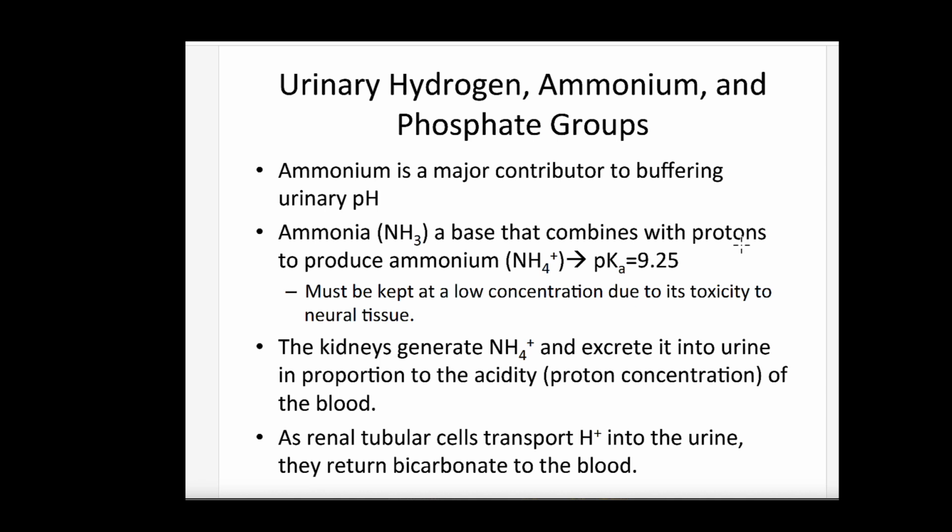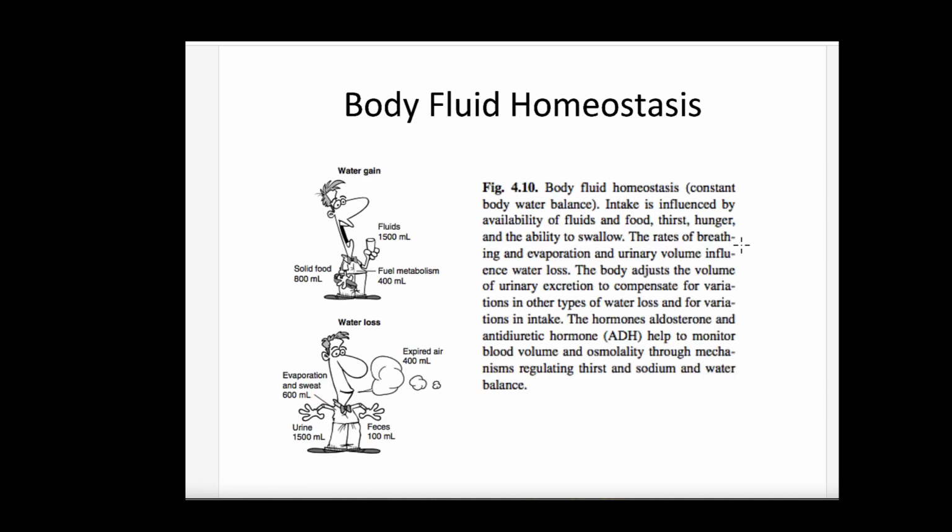So this diagram is pretty interesting, and I want you all to take the time to read it because it helps you to truly understand body fluid homeostasis, okay? So here you have figure 4.10, and it talks about water gain versus water loss. And this often comes into play when it comes to even blood pressure, okay?